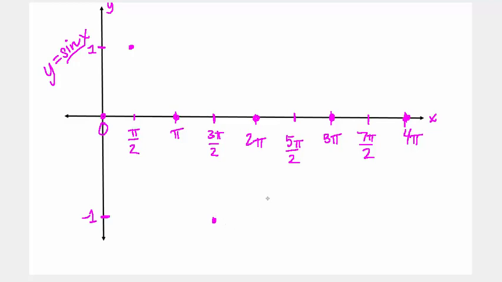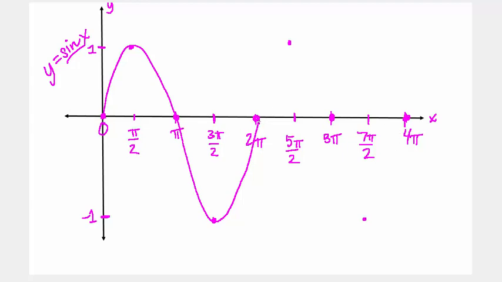Okay, we just kind of keep cycling through this. At 5 pi over 2, now that's beyond one wrap of the circle, but that's okay, because the pattern continues. I go from 0 up to 1, trace it back down to 0, down to -1, back up to 0. What would be next? Well, +1, then 0, then -1, and then back up to 0.